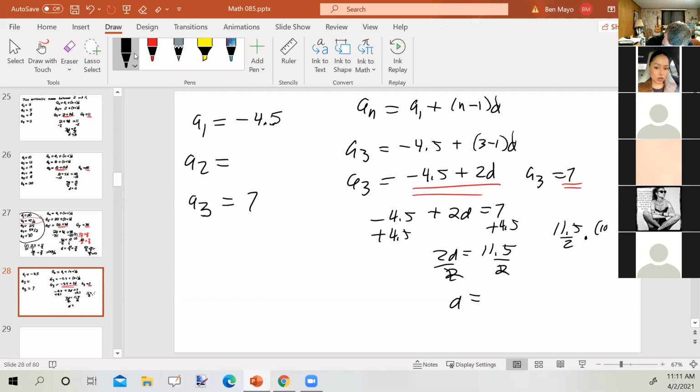How would we do that? We'd multiply by 10 over 10, 115 over 20. Could we reduce that by taking out a 5? 20 divided by 5 is 4. How many 5s are there in 115? 23.